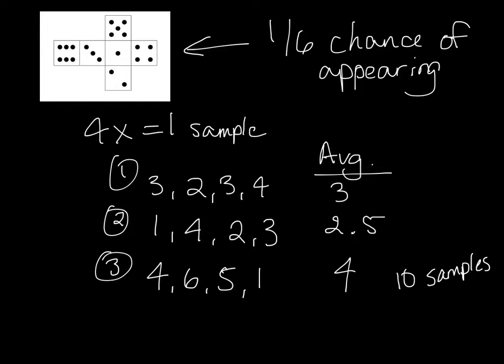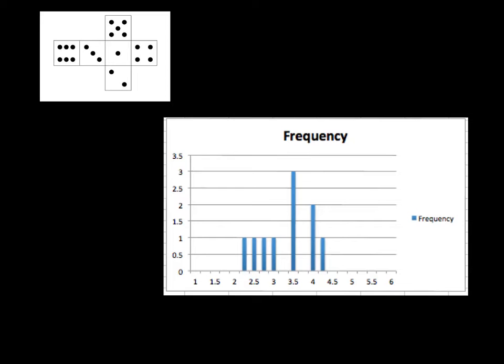And here's a bar graph of my results. For each graph, I will always look at which averages frequently appear out of the 10 samples, or the tallest columns, and the general shape of the graph.